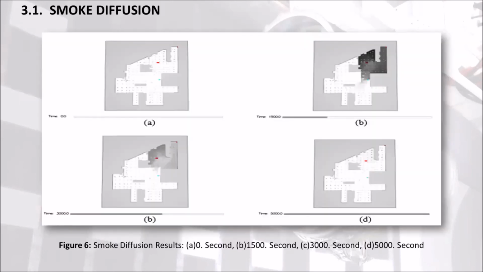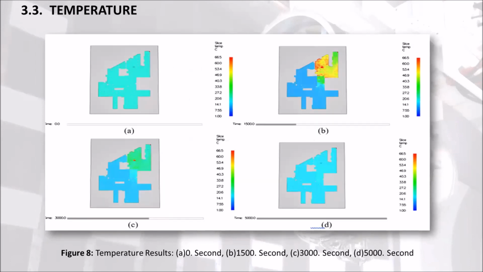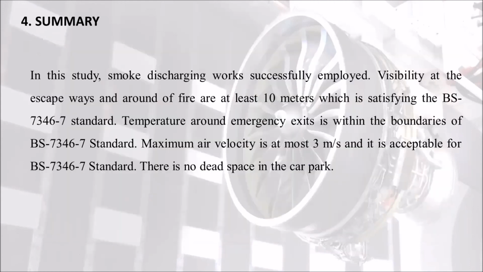Here you see smoke diffusion results at different times and visibility results, again as a function of time. Temperature results with time in different spaces of our car park area, and velocity results you see in meters per second versus time again.